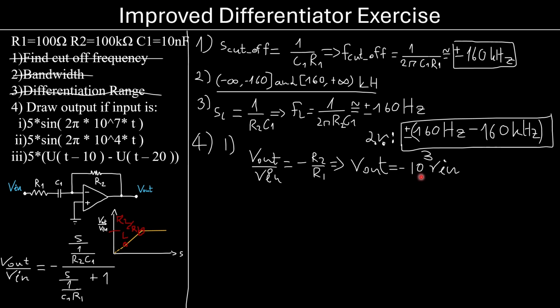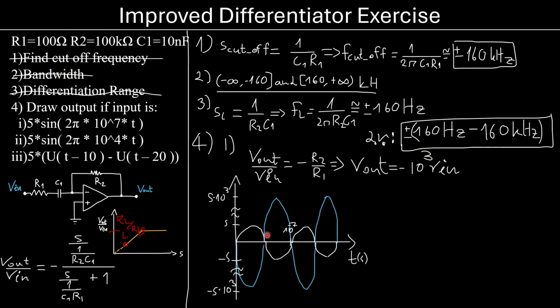Now the output is going to be 10 to the power of 3 with a minus in front over the input. Therefore, if I draw the input signal with respect to time, and these squiggly lines just mean that there's a much bigger distance between here and here, don't be confused if you see this in your academic books.